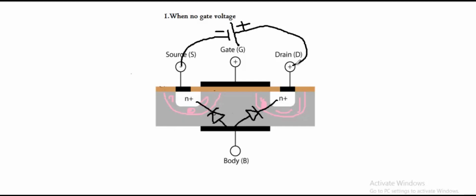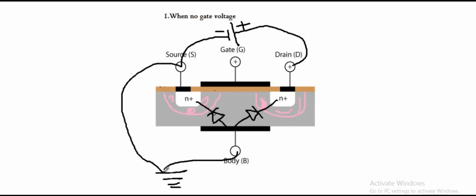So now we have connected a voltage source between the drain and the source. Observe one thing, this is a positive terminal and this is a negative terminal, because N-type is the negative terminal. When the positive terminal is connected to the N-type, this diode acts as reverse biased. That means this diode is in a reverse bias condition. And one more thing, this body terminal is always connected to the ground, and this source terminal is also connected to the ground because this is a negative terminal.